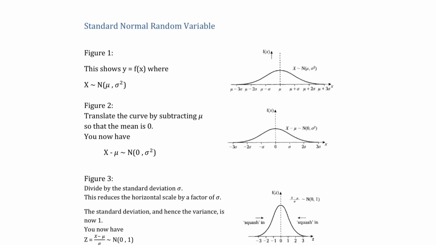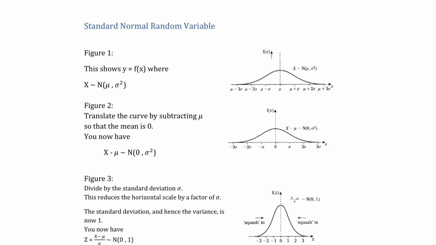Okay, so to use a table for any normal variable x with mean mu and variance sigma square, the variable is standardized, which means that the variable x is converted into a new variable, which is z. In this slide we will discuss how to standardize a normal variable into a standard normal variable.